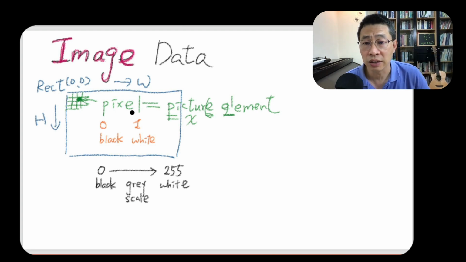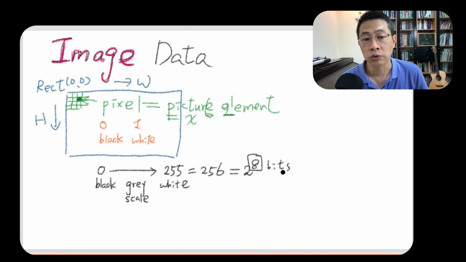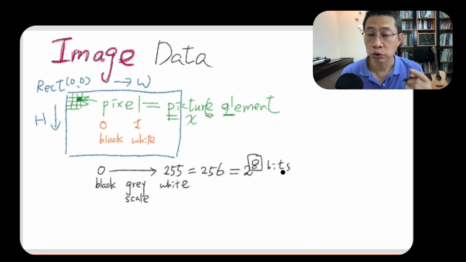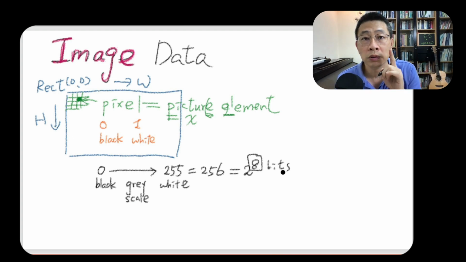Of course, each pixel from 0 to 255, there are 256 combinations. So in this case we require 8 bits to store 1 pixel.